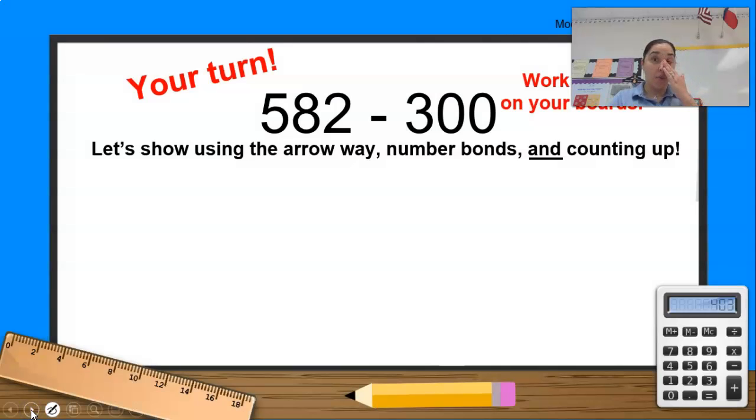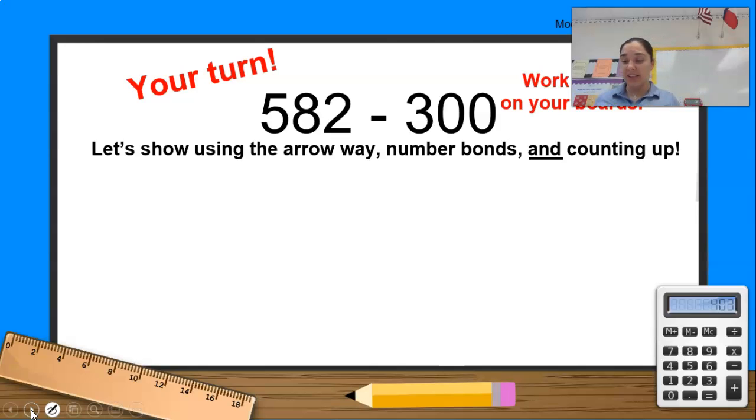So now, let's subtract 300 from 582. And boys and girls, remember, we are going to use any way. You can use the arrow way, the number bond, or the counting on. So, let's practice.